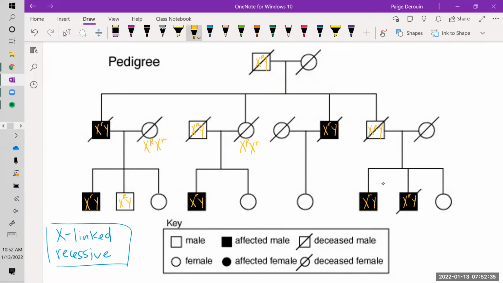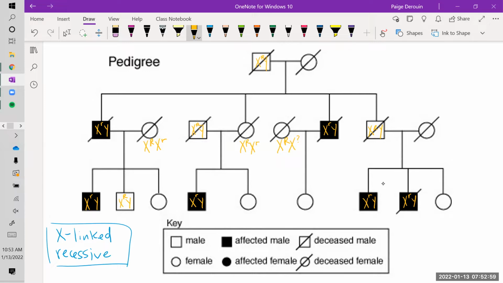Okay. What about this woman? Can we know? We don't know. So if you don't know, you write what you do know, which is she's at least 1 capital R because she doesn't have it, but a question mark because you don't know what the other one is.